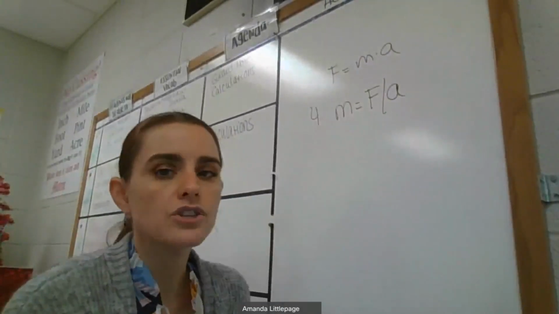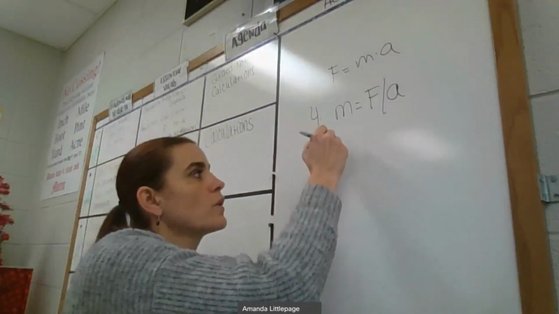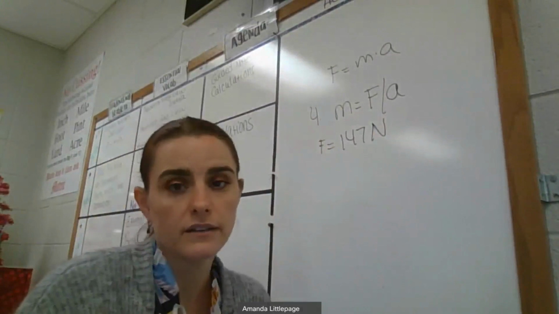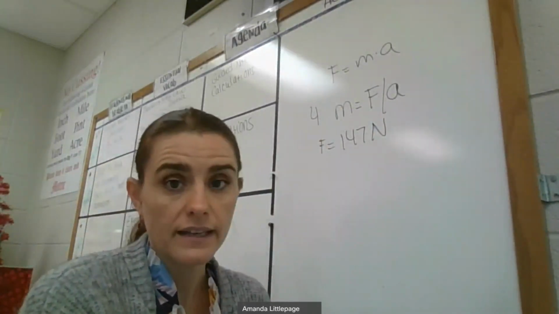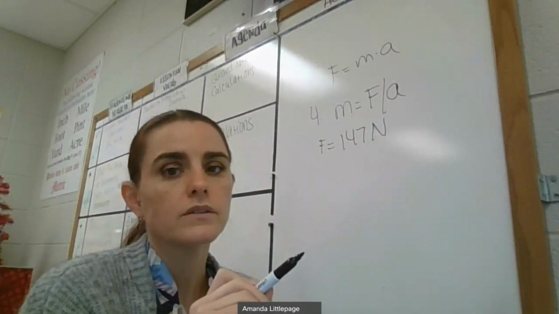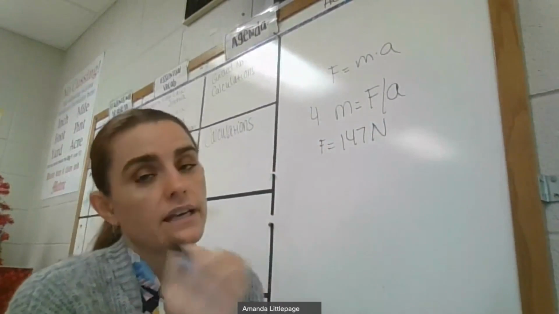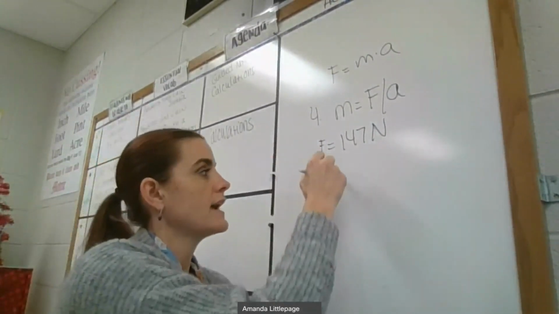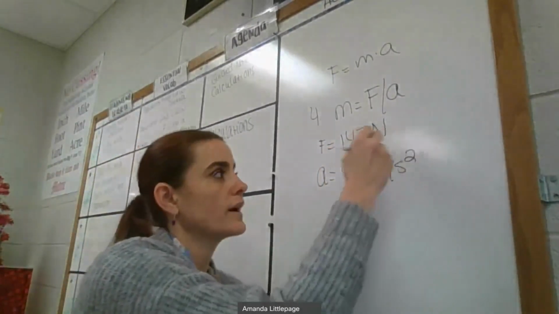Now the problem tells you the force. It says the force is equal to 147 newtons, but it doesn't tell you the acceleration. So what I want you to focus on is the fact that it tells you the object is falling. What does that mean? Anytime an object is falling on planet Earth, this is the acceleration: a is equal to 9.8 meters per second squared.